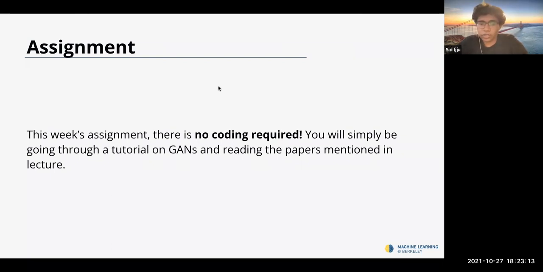GANs tend to be used in order to generate more data. So they're not effective in the sense of recommending something per se, but they are effective in making neural networks more accurate, making other algorithms more useful for recommender systems.